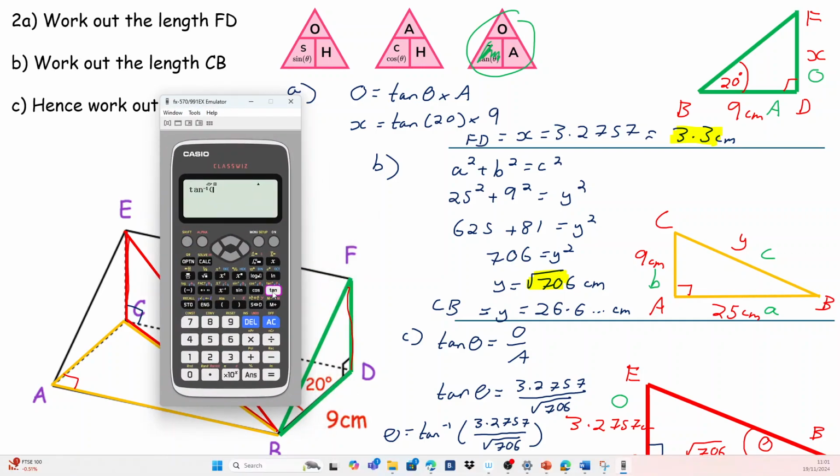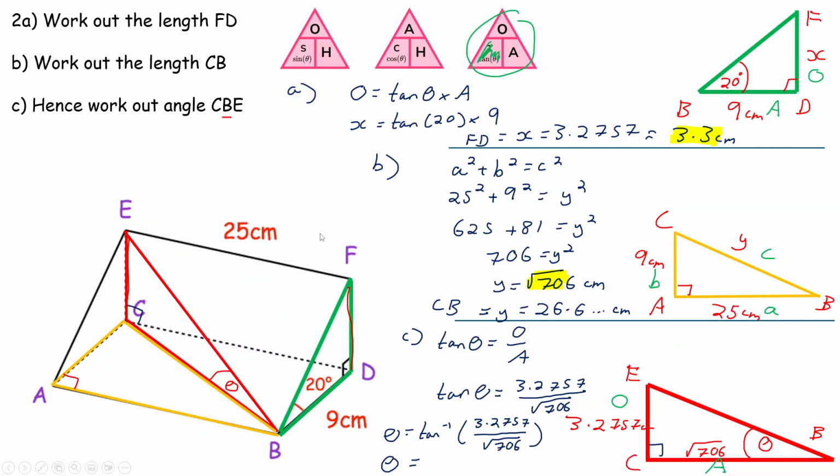We go shift, tan, and then 3.2757 over root 706, I'm keeping it as 706, and let's press this, and we get 7.028, so I'm going to keep it as 7 degrees, to 1 decimal place, so 7.0 degrees.